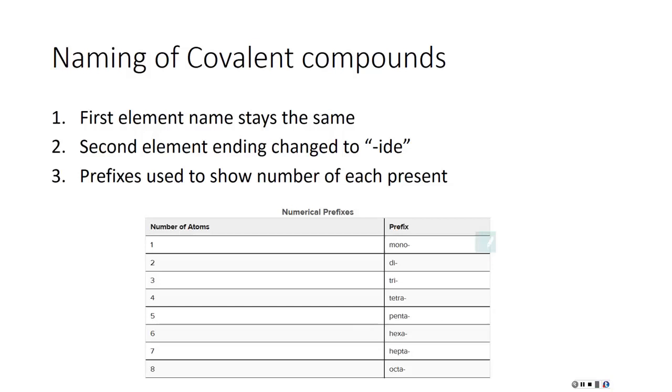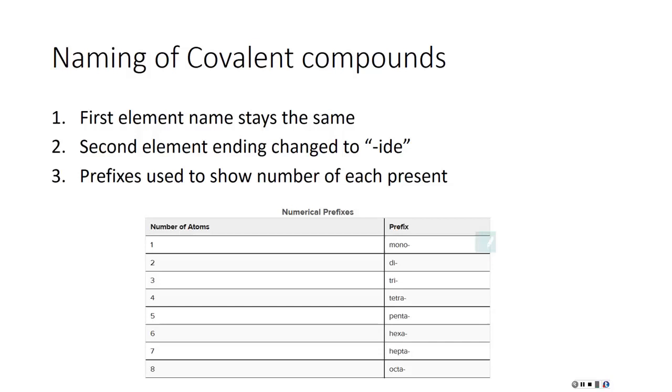Let's say that we have NO2, and I'll stick with things you guys would know, LiOH, KCl, and SiI3.